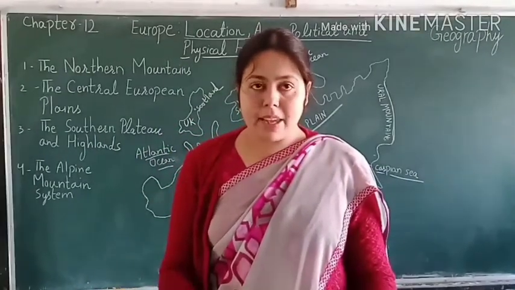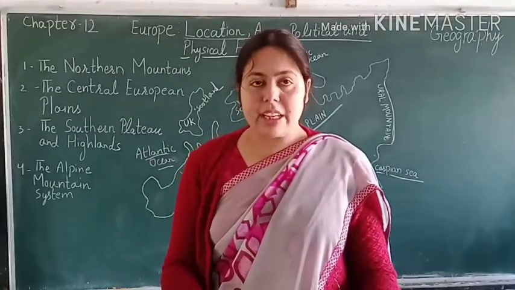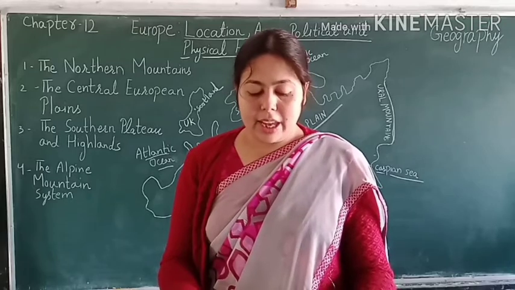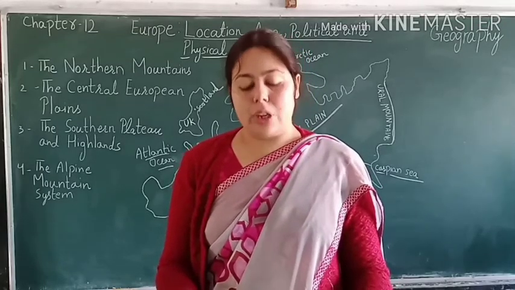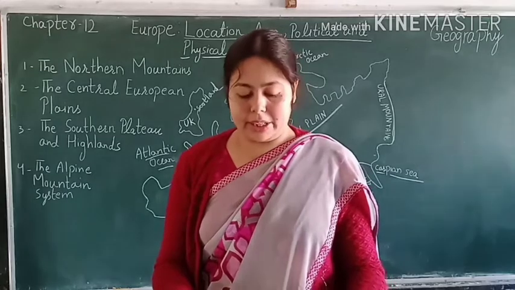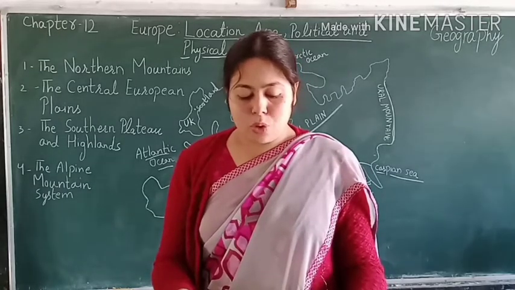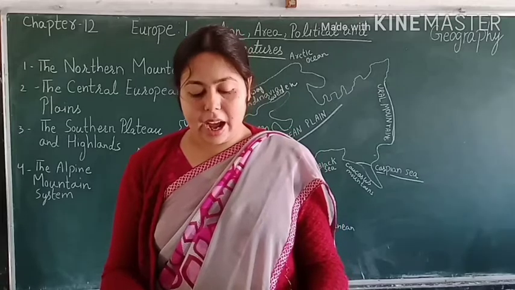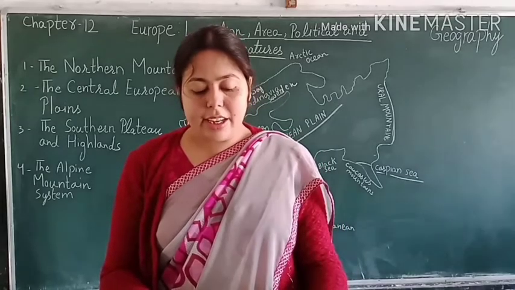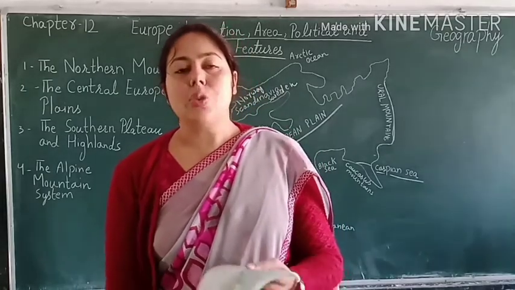They have high peaks, deep valleys and rough slopes. They are made up of several parallel ranges. Earthquakes and volcanic eruptions are common here. The Alps are the most important mountain system, which extends like an arc, separating Italy from France and Switzerland.